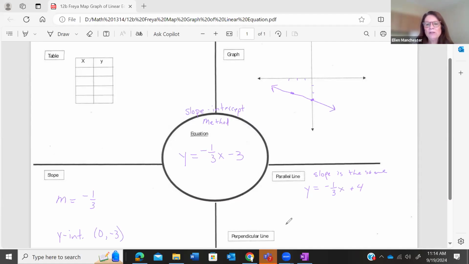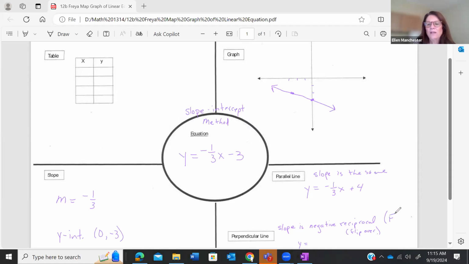All right, what about perpendicular lines? What do we know about the slope? So negative reciprocal. And reciprocal just means flip over. So my equation of a line, I flip it over and switch the sign.